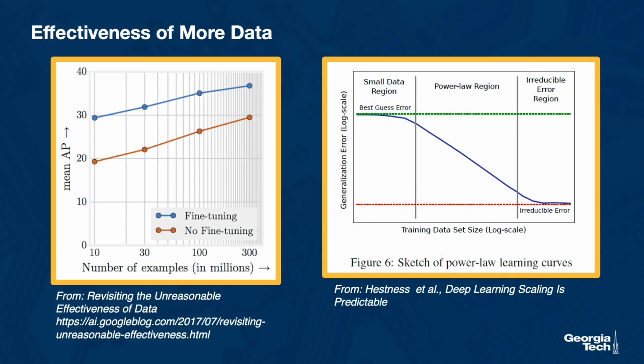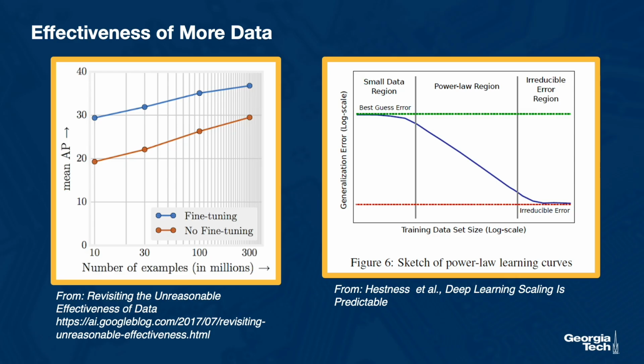Another interesting finding is that we still haven't reached a bottleneck in terms of amount of data if we do have it. That is, if we continue to add more and more data beyond the millions that we already have, performance continues to improve. And again, this is quite surprising. On the left, you see this from a Google blog. As we get to 300 million examples compared to the 1 million in ImageNet, our performance on object detection, as measured by a metric called mean average precision on the y-axis, continues to improve.